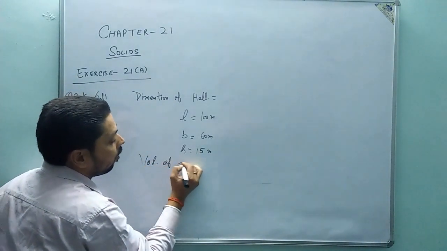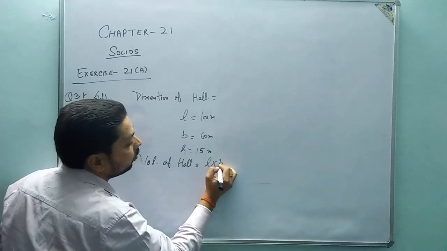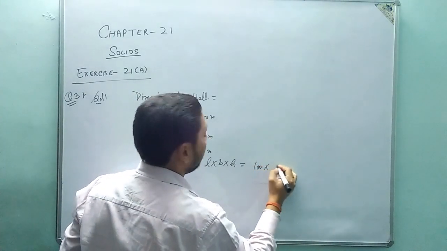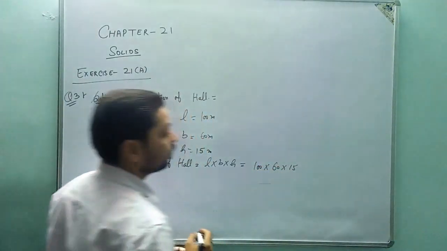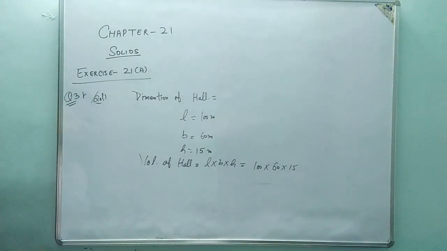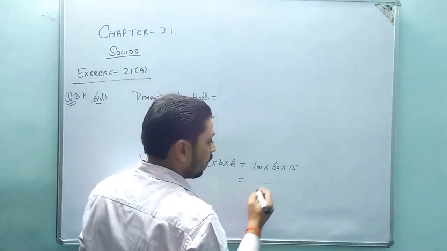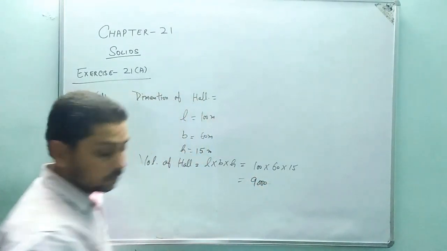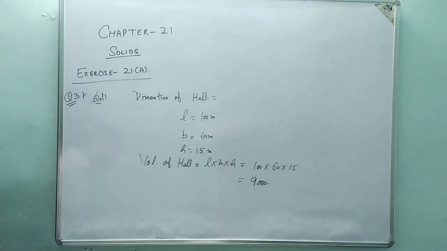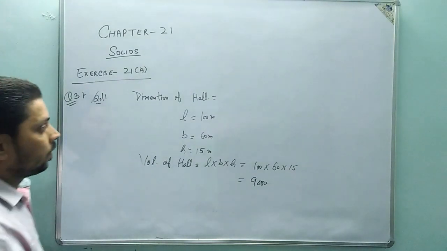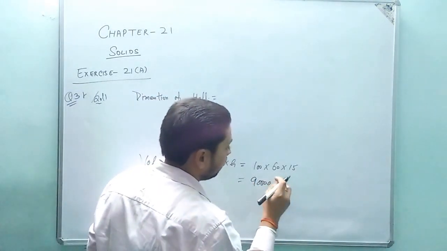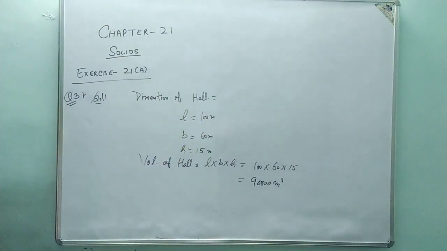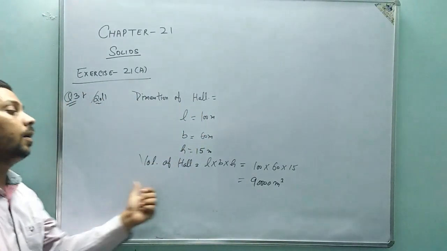Volume of hall is equal to L into B into H. This will be equal to 100 multiplied by 60 multiplied by 15, which is 90,000 meter cube. So we have volume as 90,000 meter cube.